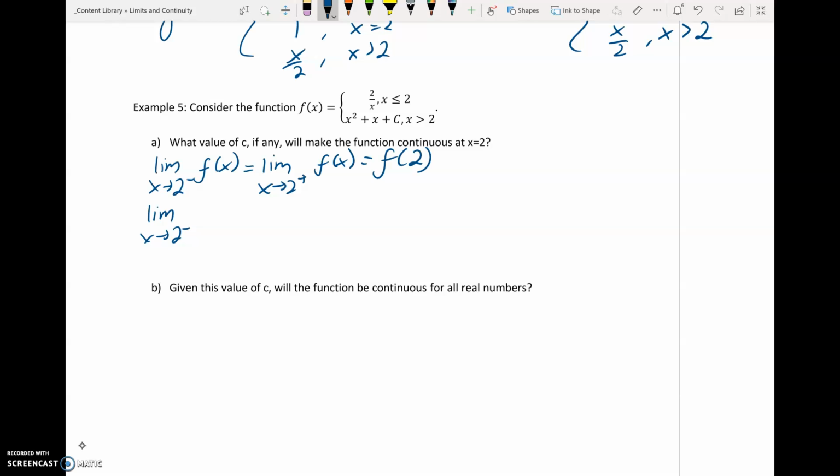So f of x, when we're approaching it from the left side, is going to be 2 over x. And then once we evaluate this limit, it is going to be 2 over 2, which is 1. So we're just going to call this L. We're going to call the right-hand limit R. So this is going to be x squared plus x plus c.